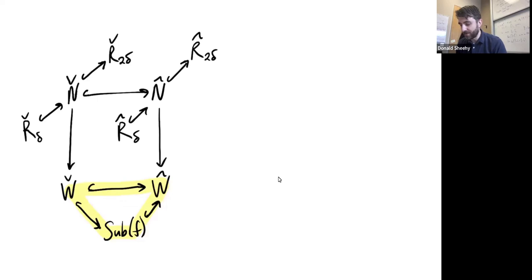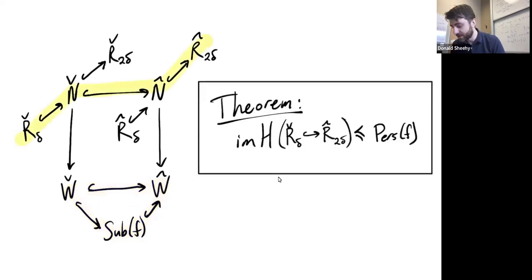All right, so now I have this diagram of filtrations, and you can look at this Rips complex at scale delta defined on the max extension, and the Rips complex at scale 2 delta defined on the min extension. And you can look at this inclusion, and you can look at its homology here.